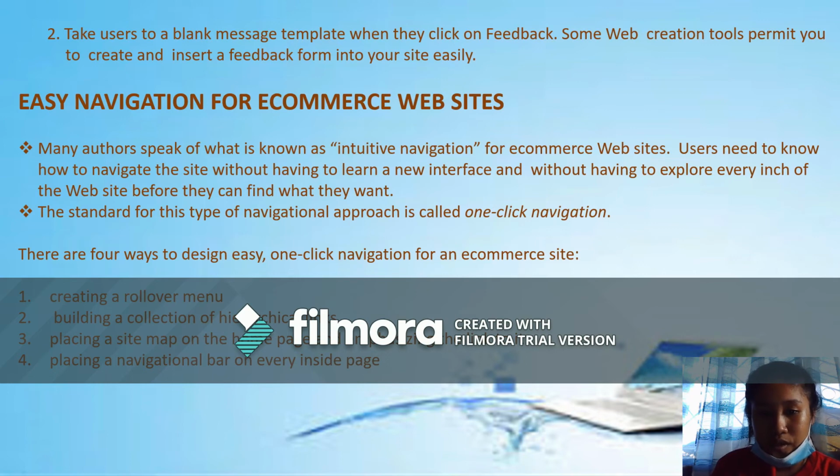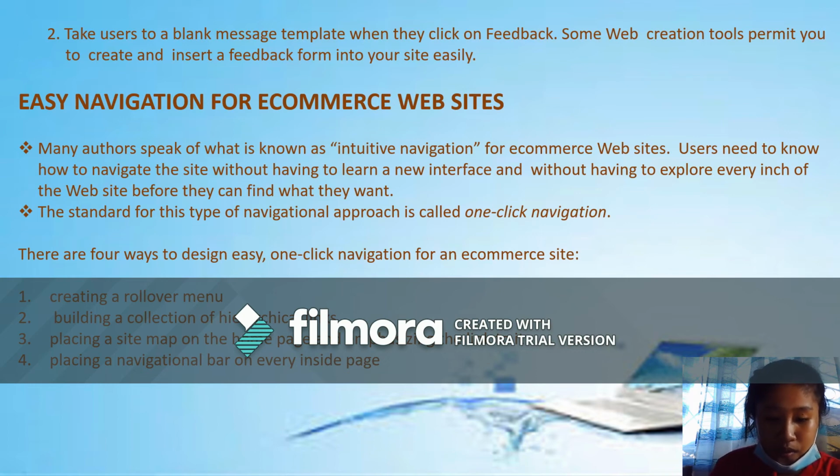So there are 4 ways to design easy one-click navigation for an e-commerce site. The first one is creating a rollover menu. Second one is building a collection of hierarchical links so that the home page becomes an outline of the key topic headings associated with the website. The third one is placing a sitemap on the home page and emphasizing the link to it.